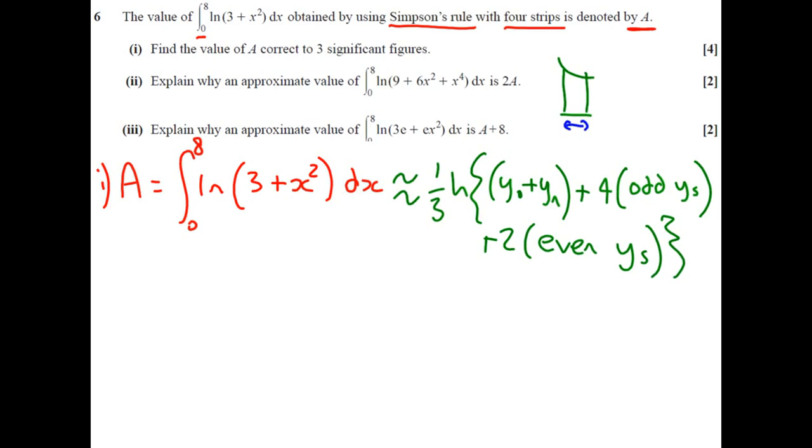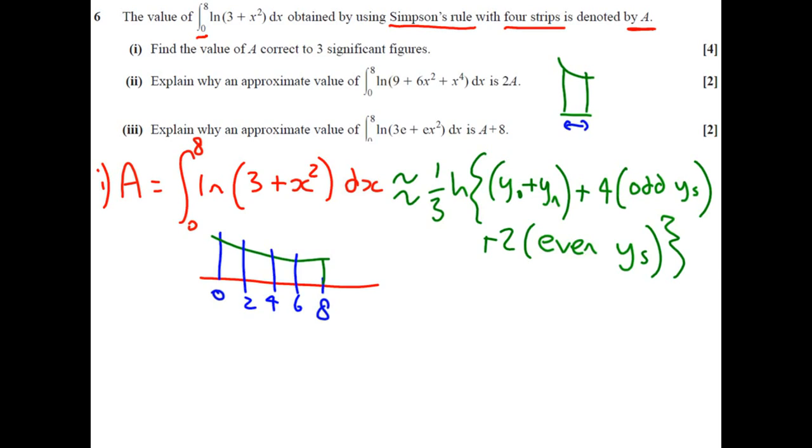This is how you can think about the formula. So we need to know our different y values. We're going to do a little table, going between 0 and 8 on our graph, and we've got 4 strips. So you don't really need the formula: it's going to go 2, 4, 6, 8 to split it up like that.